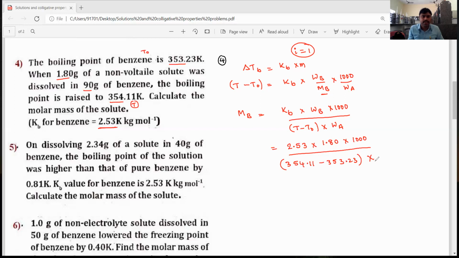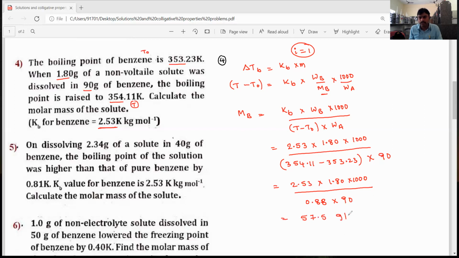The weight of solvent benzene is 90 grams as given. On simplification, 2.53 into 1.80 into 1000 divided by the bracket, which simplifies to 0.88, into 90.